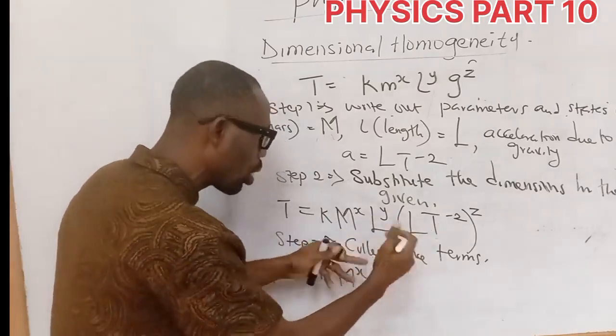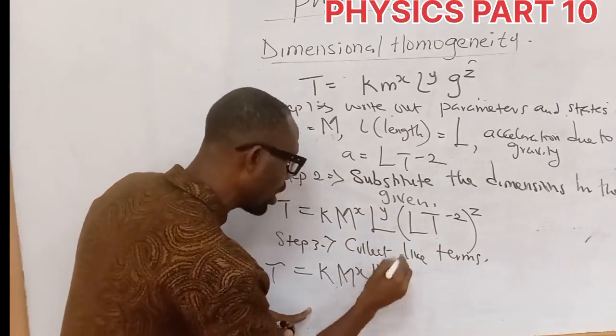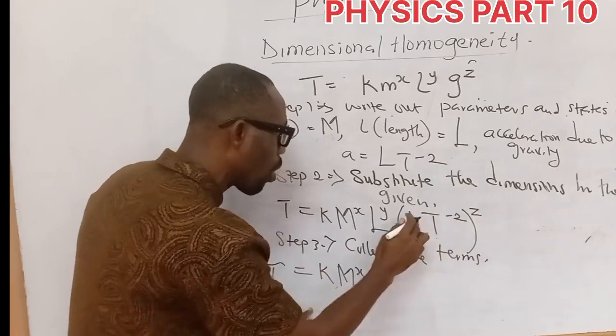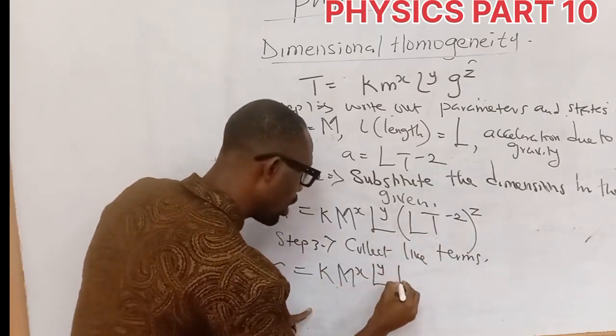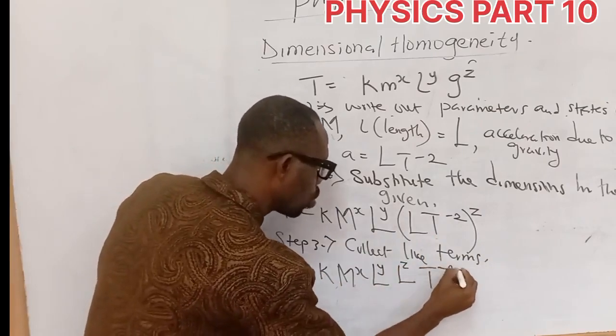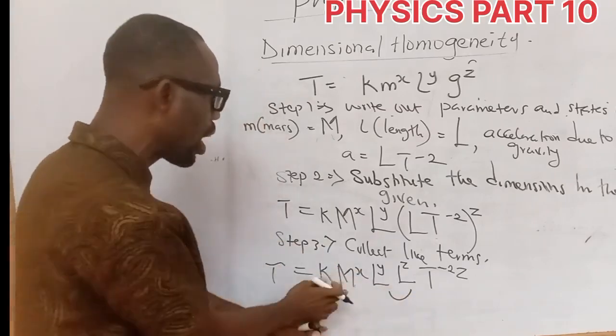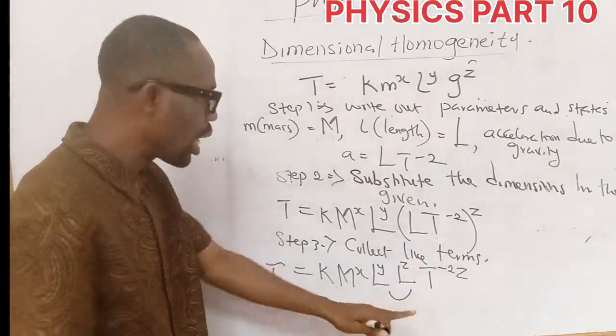This L and this L, we want to make sure the terms are constant. M raised to the power X, then L raised to the power Y, then we'll break this out. This Z will affect this. So it will now be L raised to the power Z, and T raised to the power minus 2Z. With this now, we want to make all these single. So we have MLT. So that's how to collect them.